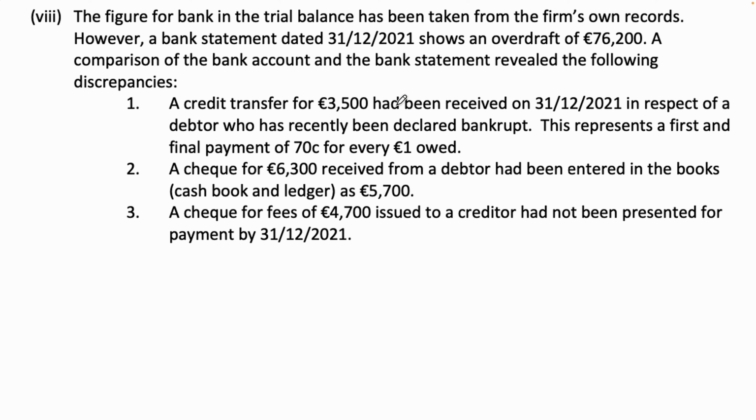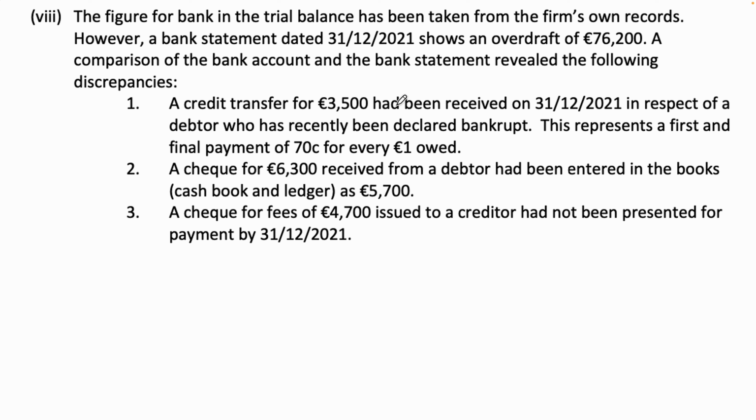A comparison of the bank account and the bank statement revealed the following discrepancies. Note 1. A credit transfer for €3,500 had been received on the 31st of the 12th, 2021 in respect of a debtor who has recently been declared bankrupt. This represents a first and final payment of 70 cents for every €1 owed.